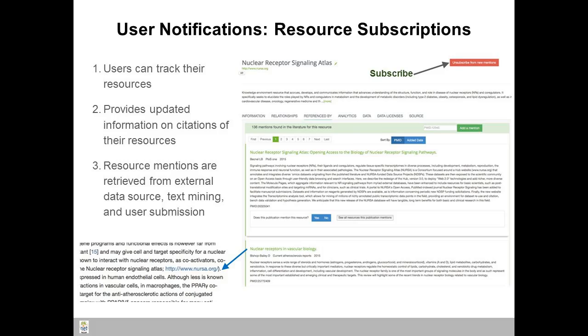And so here, for example, if one goes to the nuclear receptor signaling atlas within the registry, you can actually track the various literature mentions of that resource.